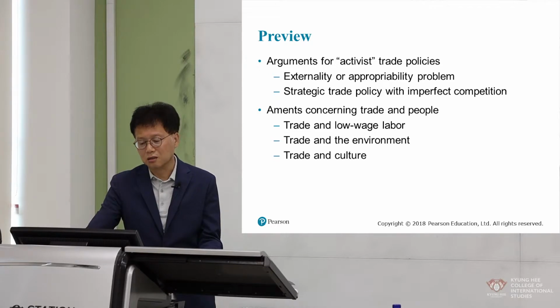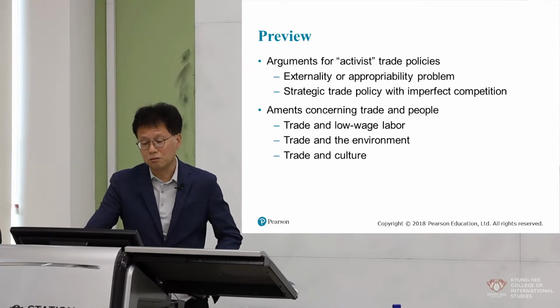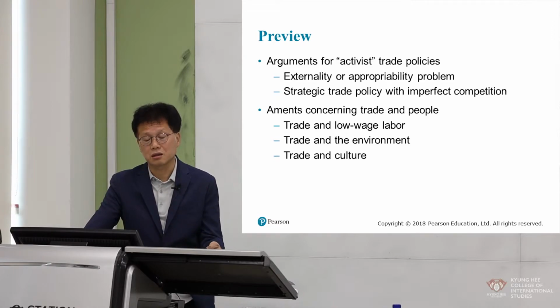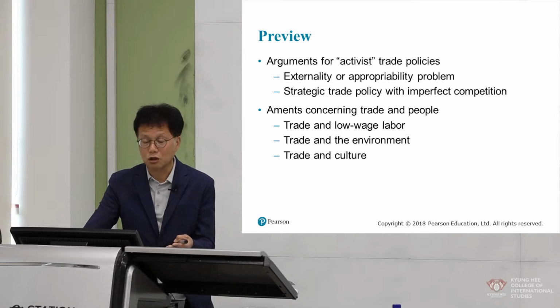So some humanitarian groups, activist groups, or developed countries argue that we cannot compete with these low wage products. Developed countries cannot compete with developing countries' exports because these exports are produced using very low wages.